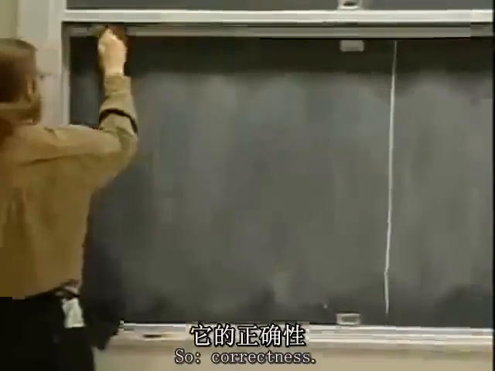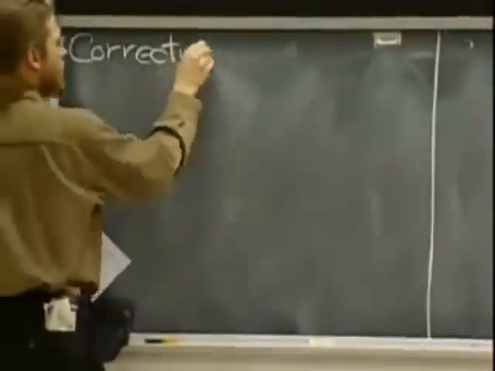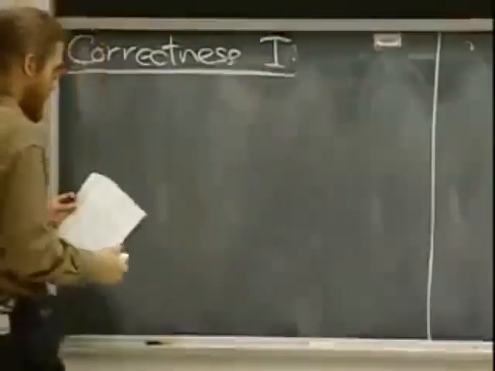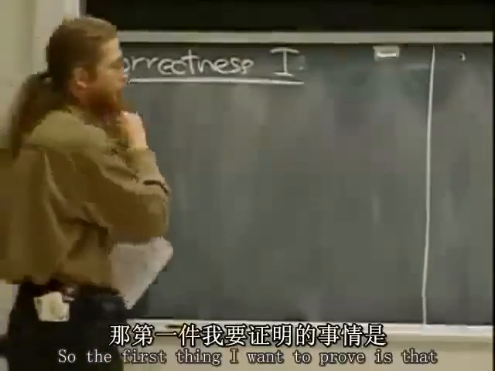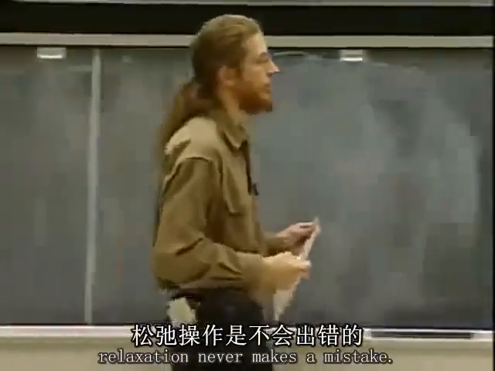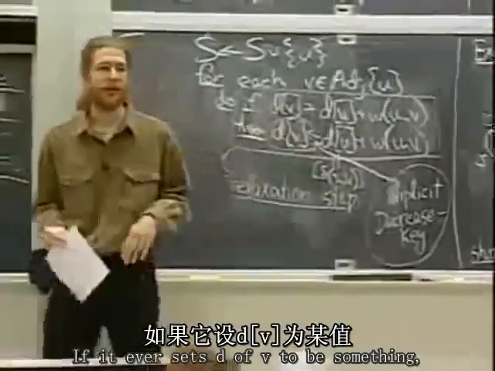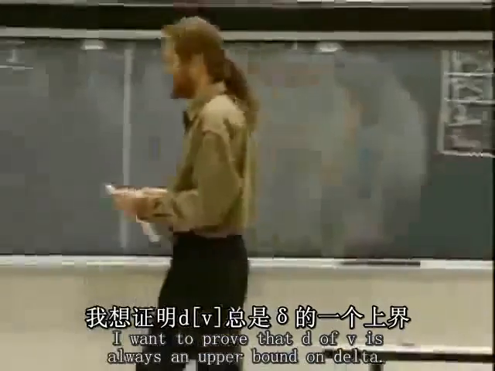So, correctness. The first thing I want to prove is that relaxation never makes a mistake. If it ever sets d of v to be something, I want to prove that d of v is always an upper bound on delta.